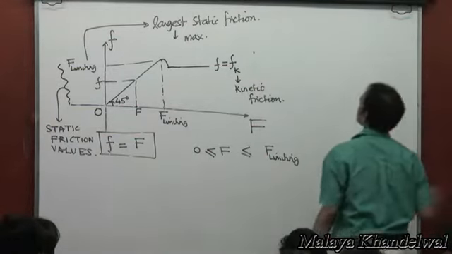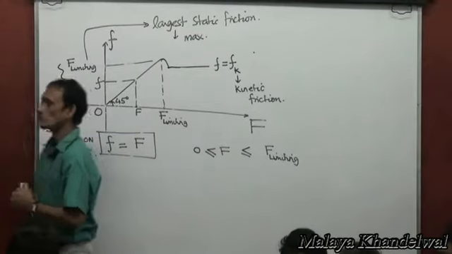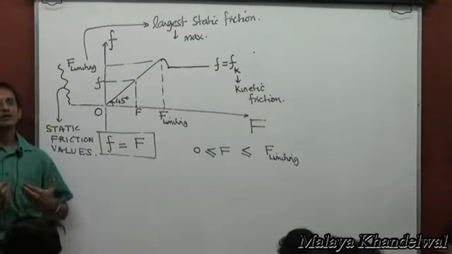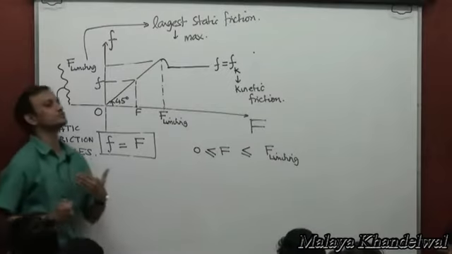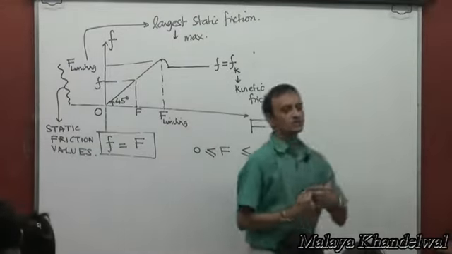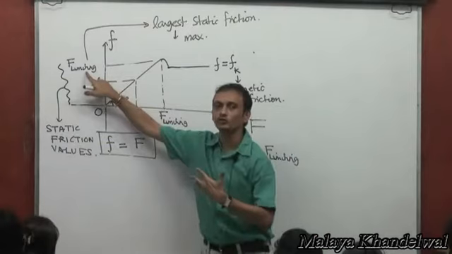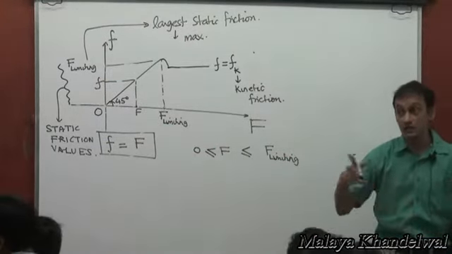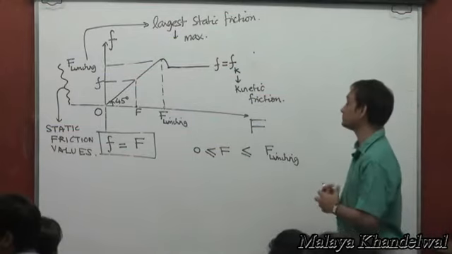Now, how does one compute this F limiting value? That is the maximum static friction.